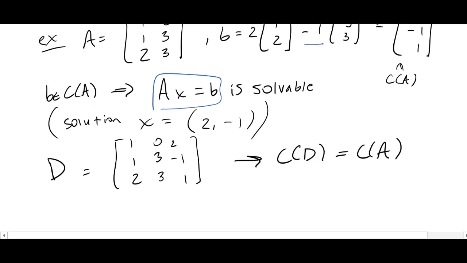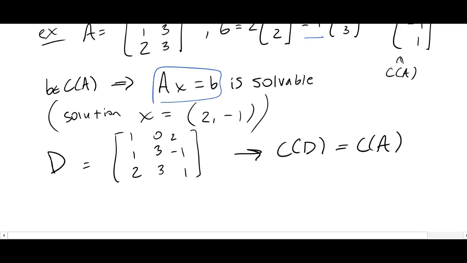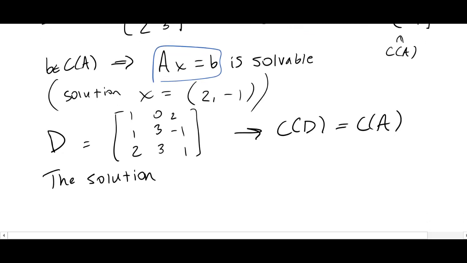If I use the same vector b as before, the solution to Dx equals b is not unique. It was unique before. x had to be 2, negative 1. This was the only solution before. But now the solution to Dx equals b is not unique.